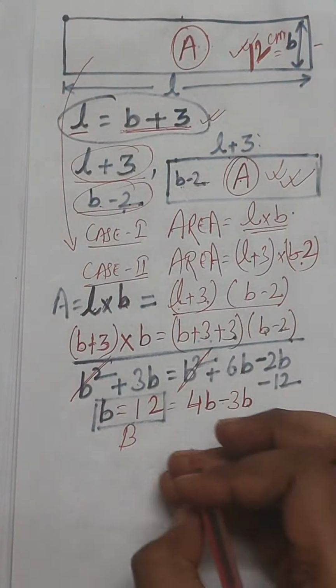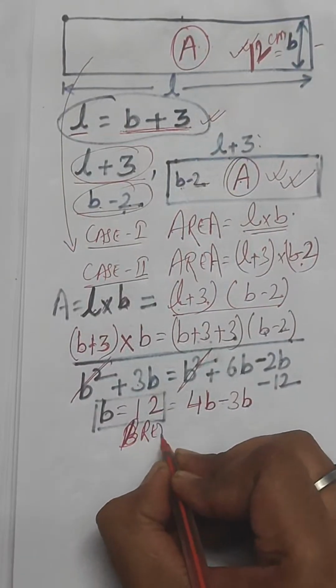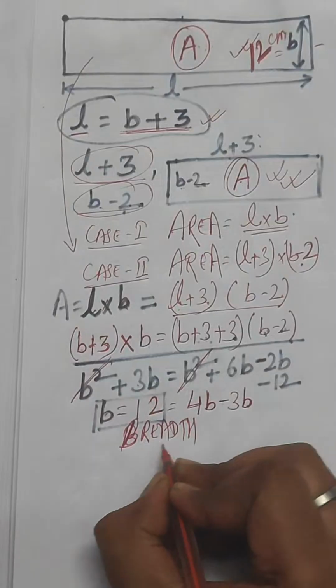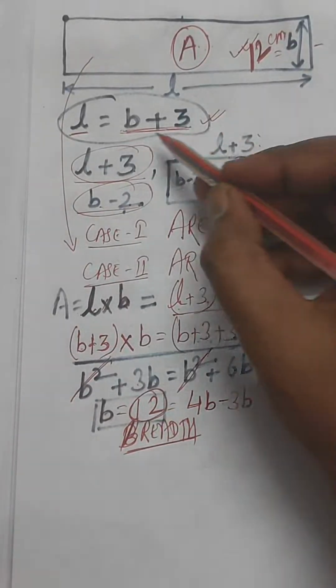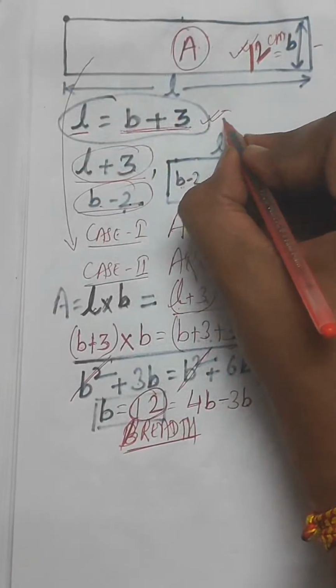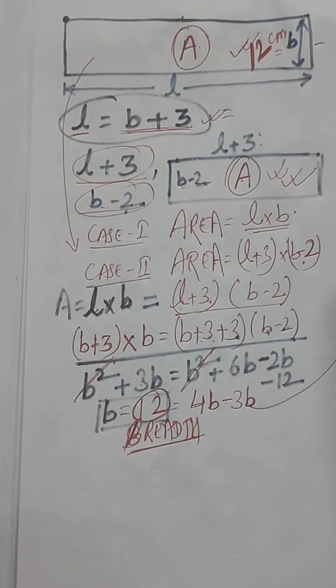This is the value of breadth, 12. Now what is the value of length? Length equals B plus 3. Just put the value of 12 over here.